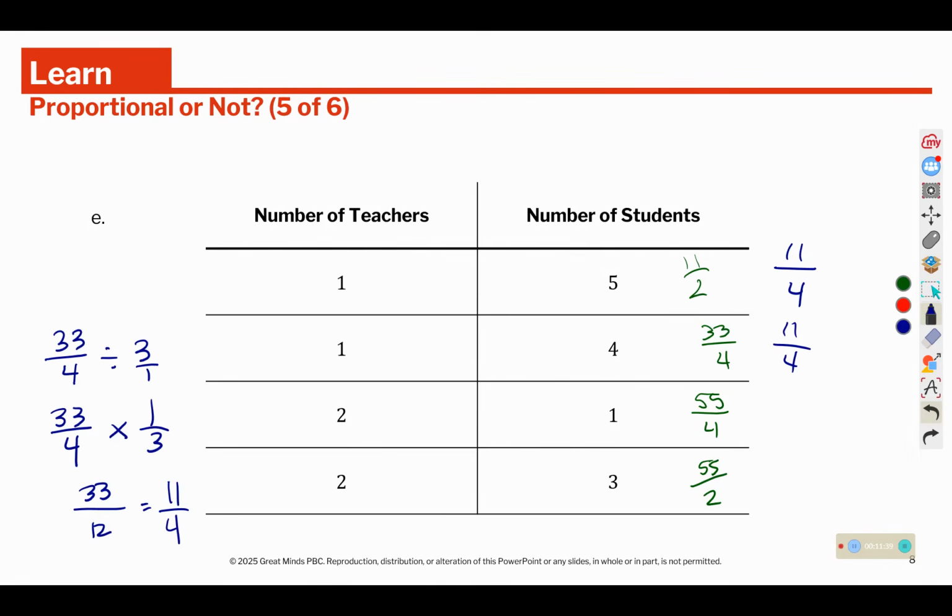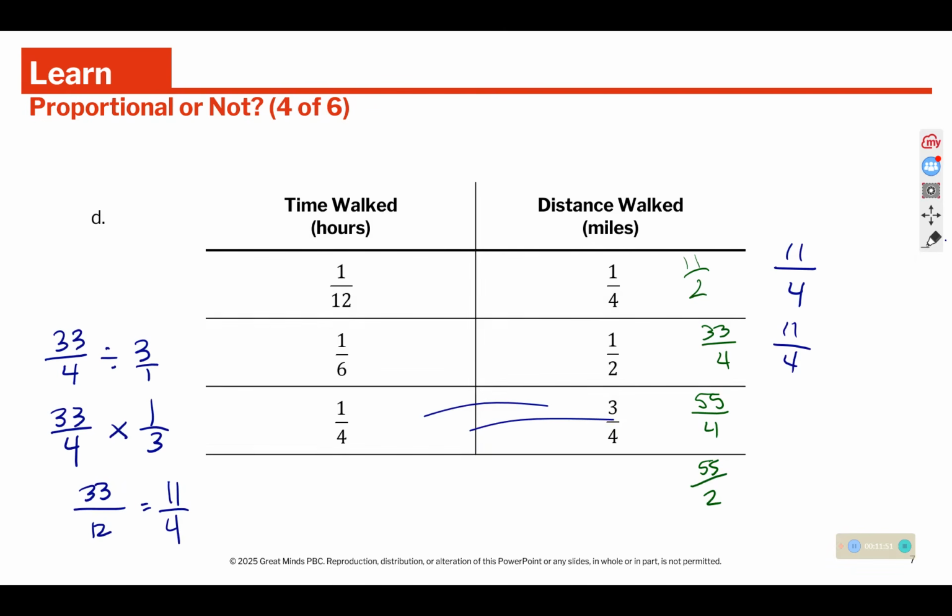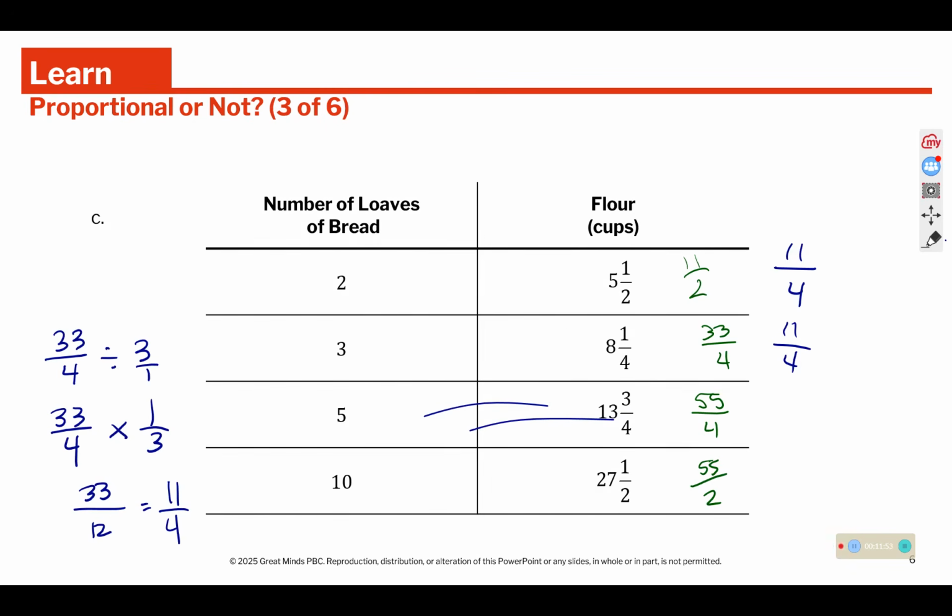You can check the last two on your own to make sure those also come out to 11/4. They do. Oops, I'm on the wrong slide here. They do, so they are proportional. And we need to write a statement about their relationship.